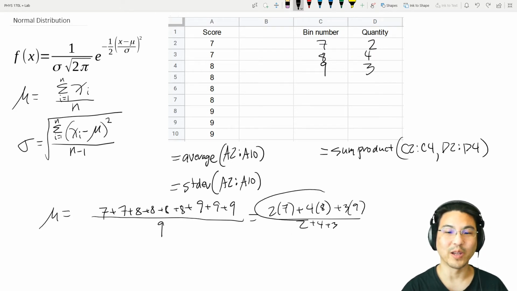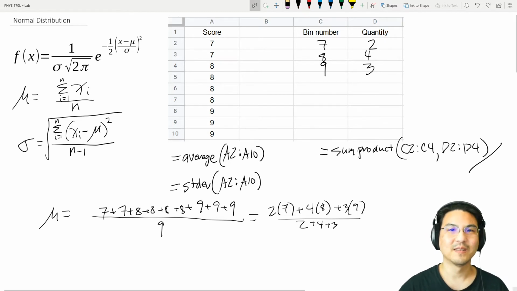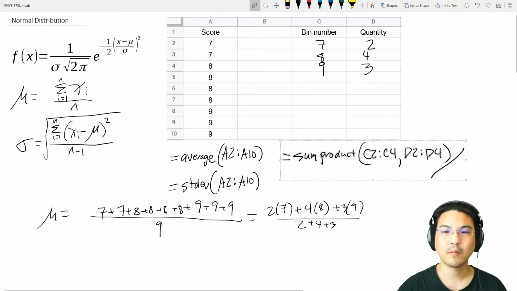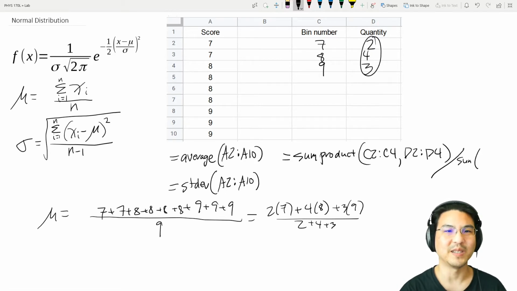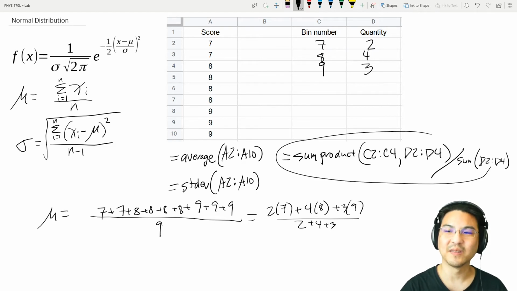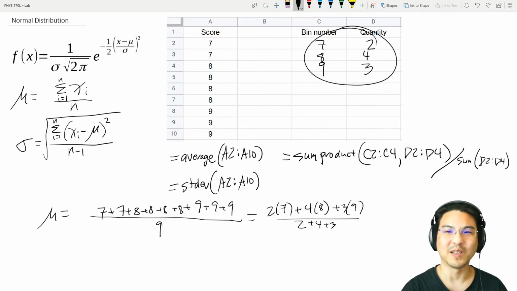So that's the numerator, and then you go divided by the sum of these, divided by the sum of this, D2 through D4. Okay, and then this is the mean when your data looks like this.